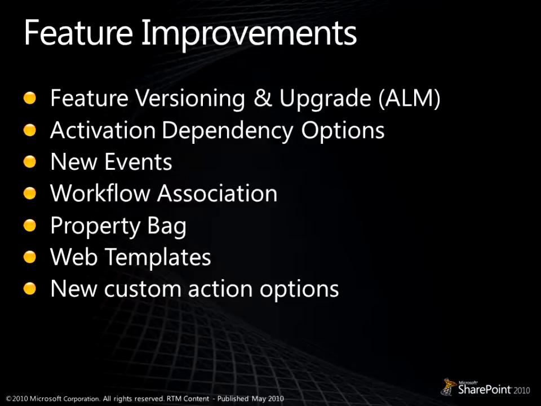Since we now have the versioning of the features, we also need to be aware of this in feature dependencies. We have also new events where we can hook up some custom code.